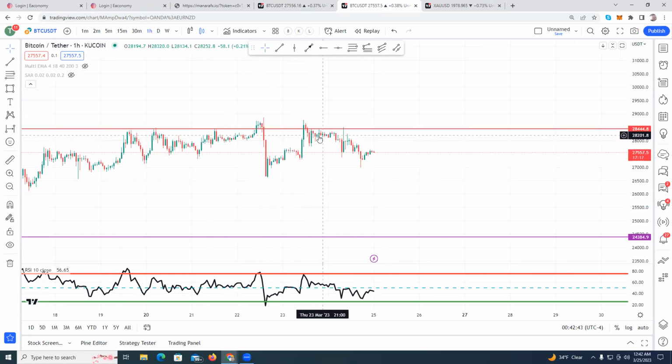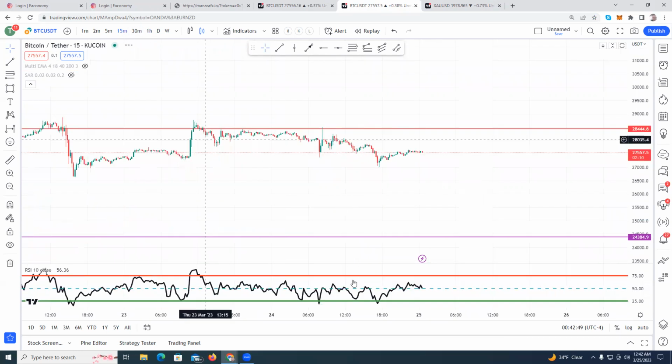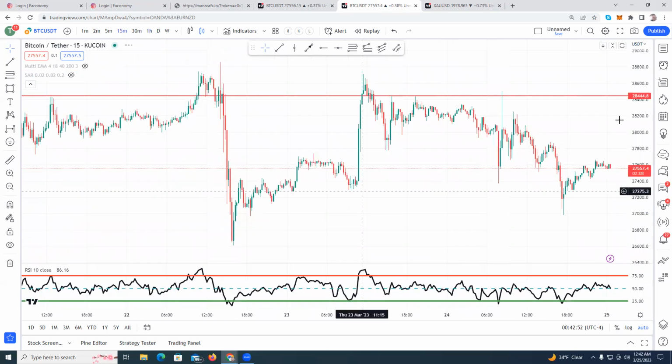So boom, if we haven't got in up here when price action gave us numerous opportunities to, we're going to take it to the 15 and then the 5 and see what we got.